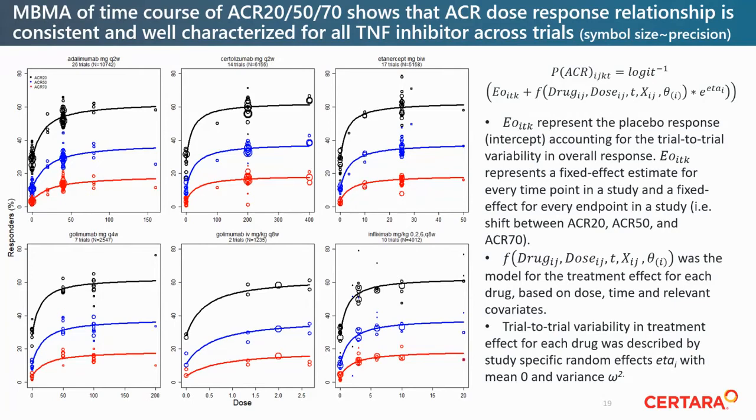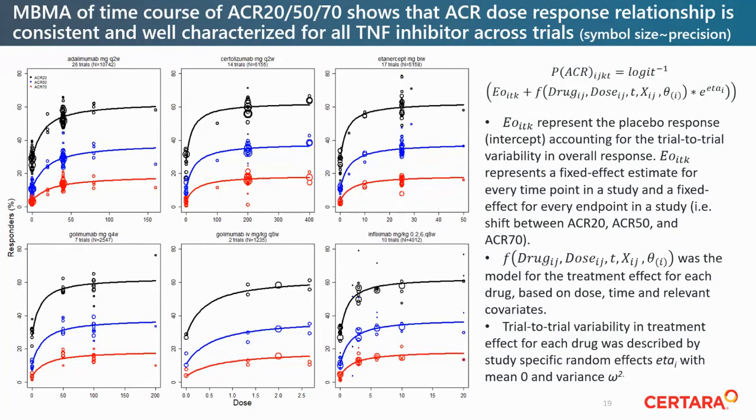So the model comes in 2 ways: to carefully understand the impact of these patient population differences on the outcome, so that we can project these drugs as if they had been evaluated in similar patient populations, as well as to strengthen our understanding of it by building certain relationships such as dose response or time course into the models.